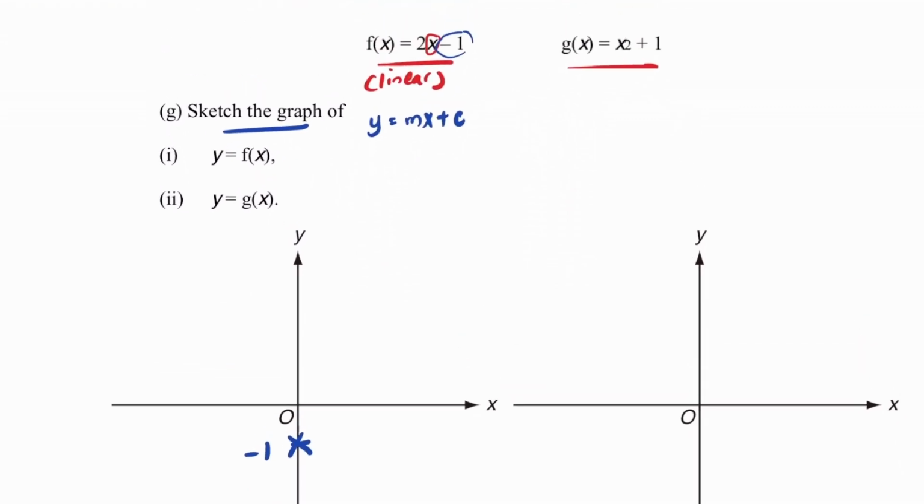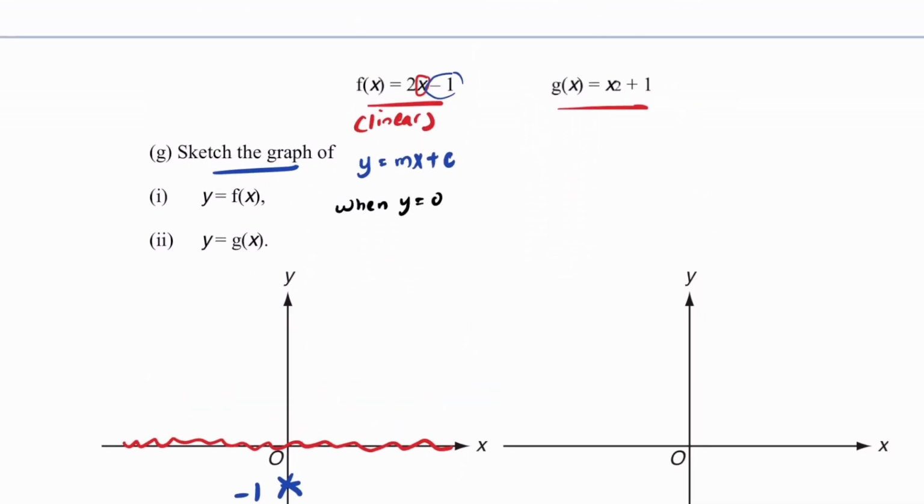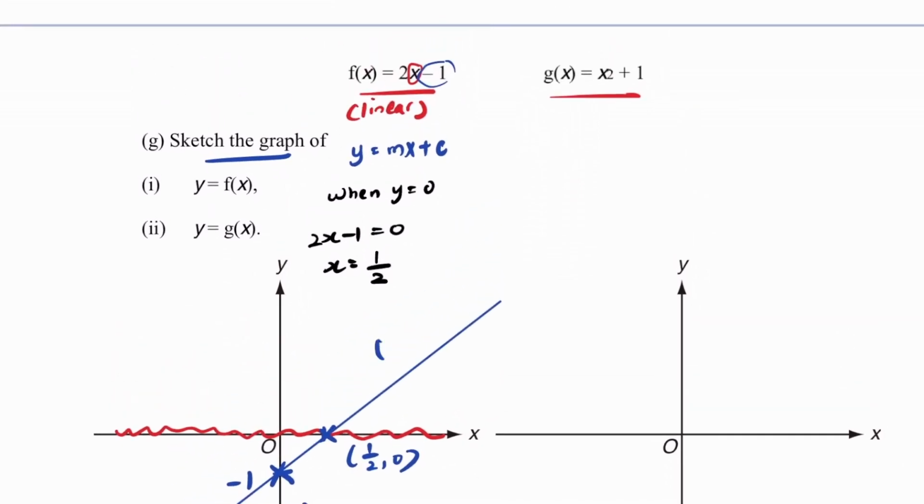Secondly, find the point where the line touches the x-axis. The line will touch the x-axis when y is equal to 0. So 2x minus 1 is equal to 0, so x will be equal to 1 over 2. Put 1 over 2, 0 over here, and the y-intercept 0, minus 1. Then complete the straight line. That should get you full marks for the sketch.